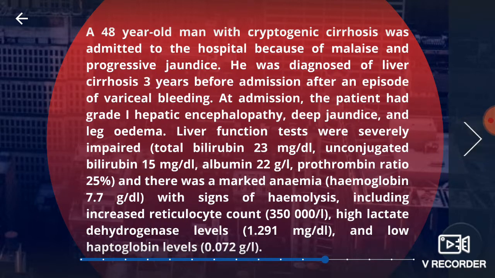Hemoglobin 7.0 grams with signs of hemolysis, including increased reticulocyte counts, high lactate dehydrogenase levels, and low haptoglobin levels, 0.072 grams.